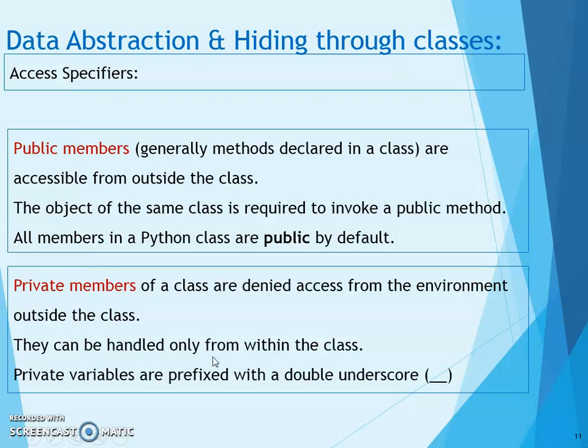They can be handled only from within the class. Private members are prefixed with a double underscore. So if a name starts with a double underscore, then we can say that they are private members.